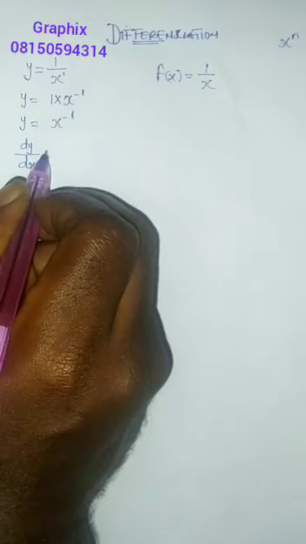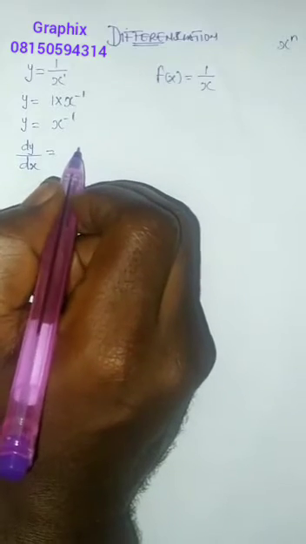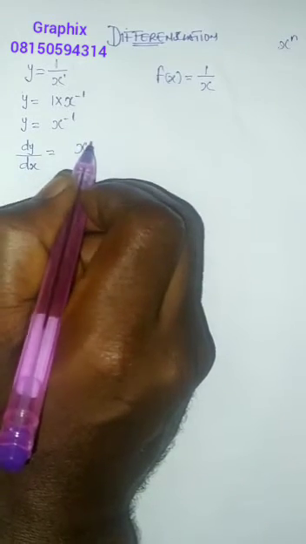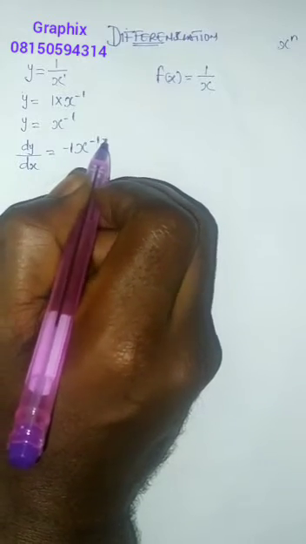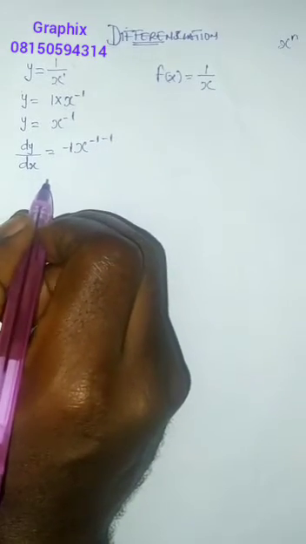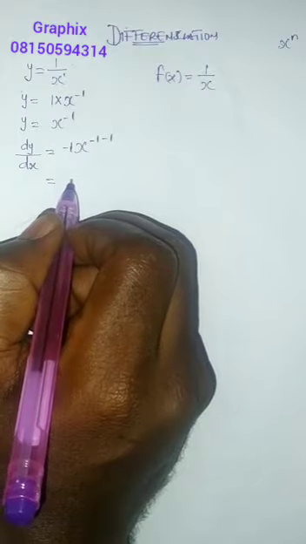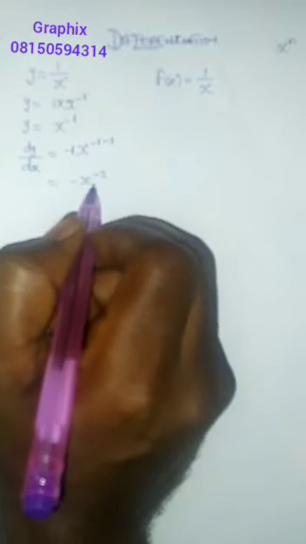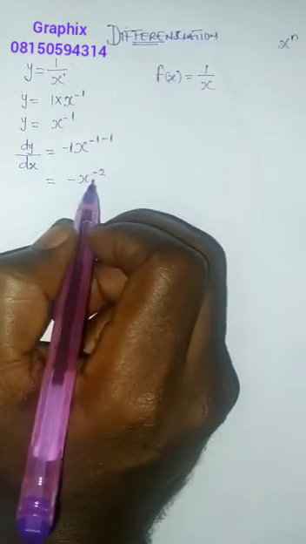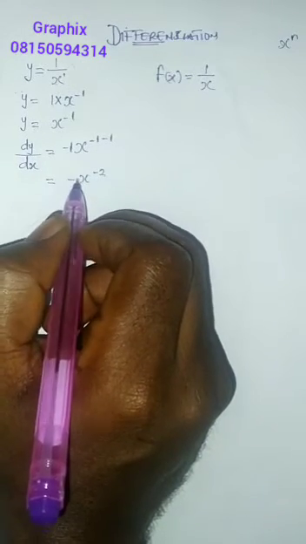Now, if I differentiate this, dy over dx, it will be x raised to power minus 1. The minus 1 will come in front of this, then I'll subtract 1. So this will now give me minus x raised to power minus 2. So if I'm taking this back, you should have in your mind that everything has a 1 close to it.